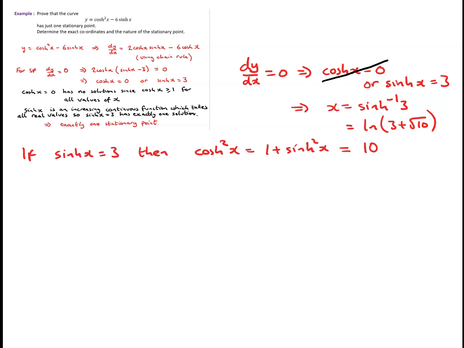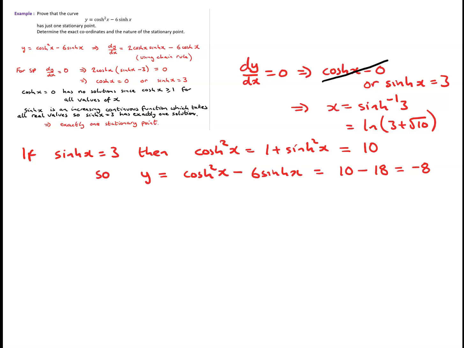Now, if sinh x is equal to 3, then we know that cosh squared x minus sinh squared x is always equal to 1. So cosh squared x is definitely equal to 1 plus sinh squared x, which in this case is 10. So the value of y that we've got is y is equal to cosh squared x minus 6 sinh x.